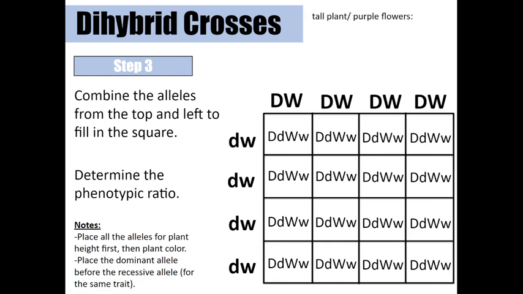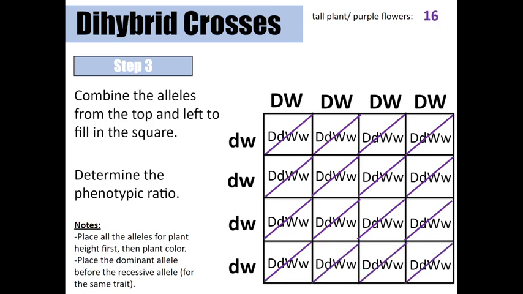How many tall plants with purple flowers will we have based off of this cross? 1, 2, 3, 4, 5, 6, 7, 8, 9, 10, 11, 12, 13, 14, 15, 16. So we're going to have 16 tall plants with purple flowers.